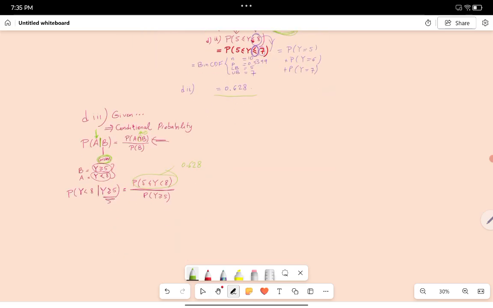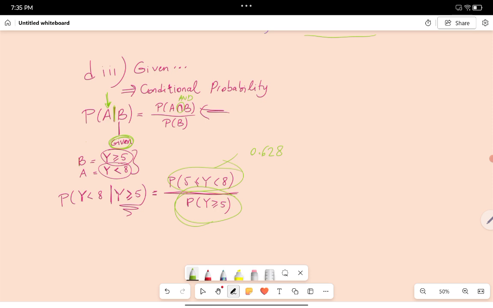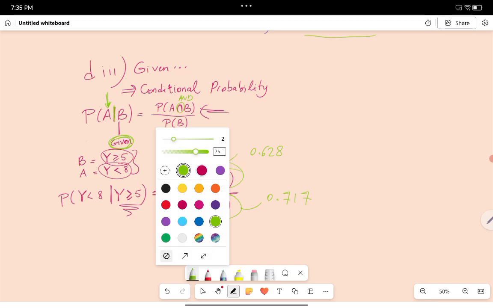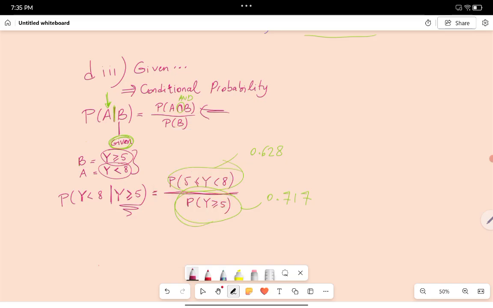So we're gonna have this. This is 0.717. Okay, so if we now divide both things, we get 0.876.